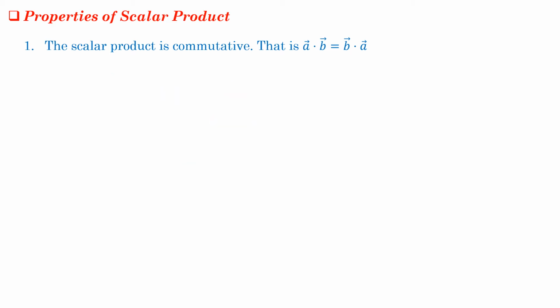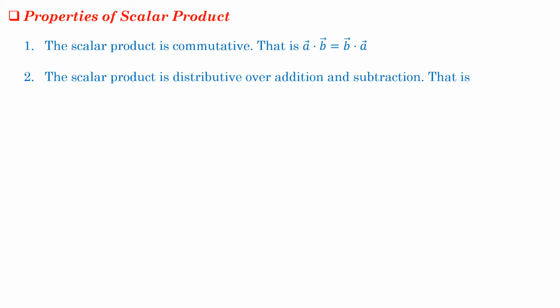the next one, the scalar product is distributive over addition and subtraction. It is like this. If you have three vectors, a bar dot b bar plus c bar, then it will be equal to a bar dot b bar plus a bar dot c bar.